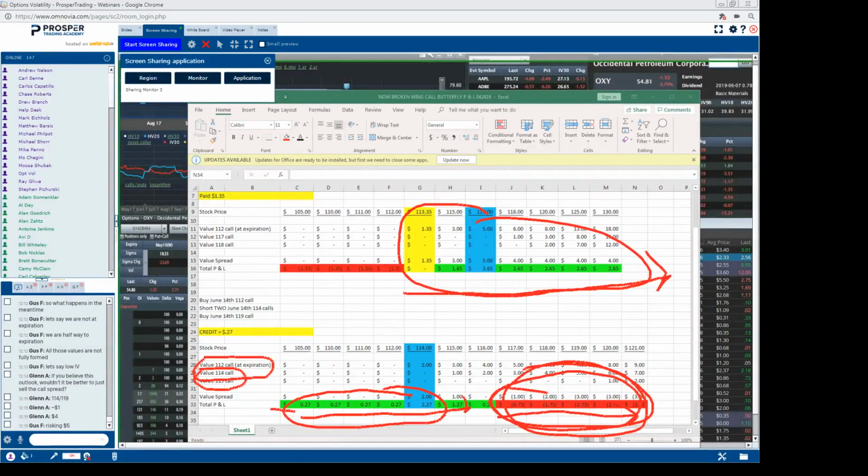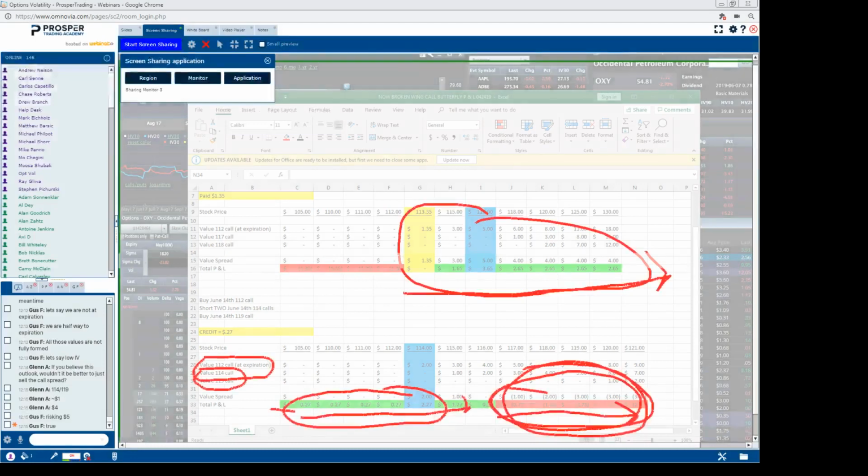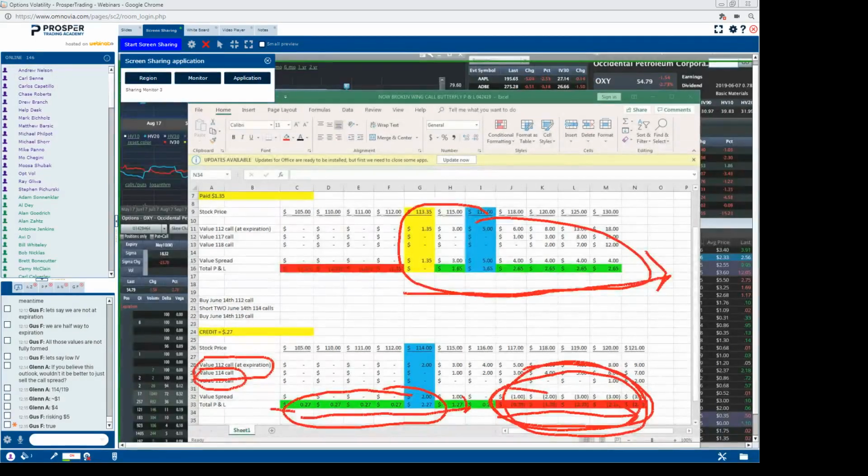Okay, I can make, no, I'm not risking 5, I'm risking 4. I can collect $1, it can go to 5, so I'm risking 4. If you're bearish or if you don't think that the stock is going to go up there, then you can do something like that. I'm not willing to lay 4-to-1 odds against me to do that.